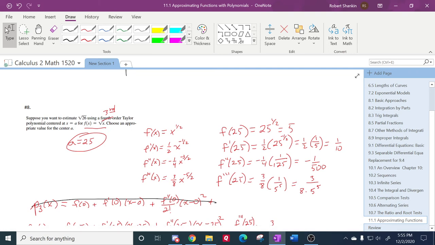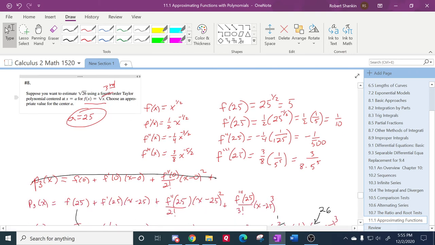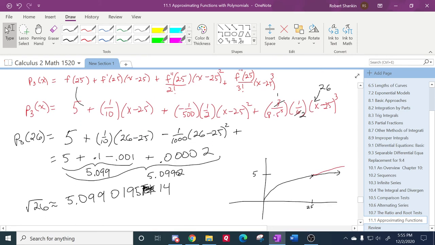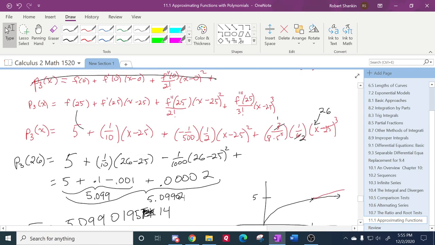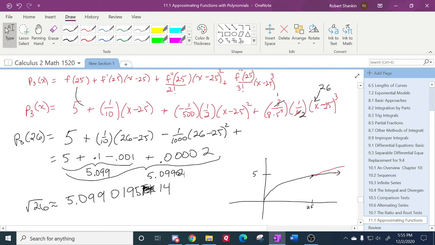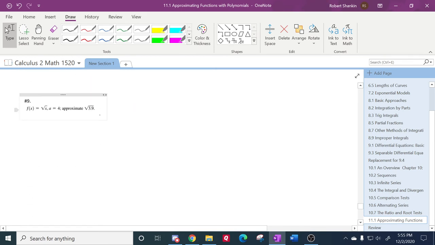But this demonstrates the point about how a Taylor polynomial gets used. When you're doing the homework, it's going to be problems that are similar to what I just did right over here. Here's one of them: f of x is square root of x, same function again.